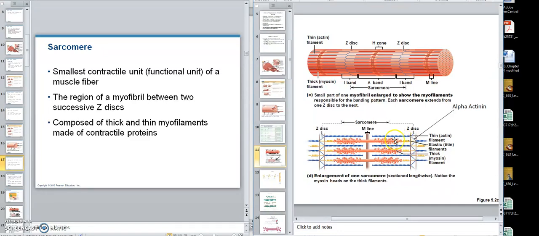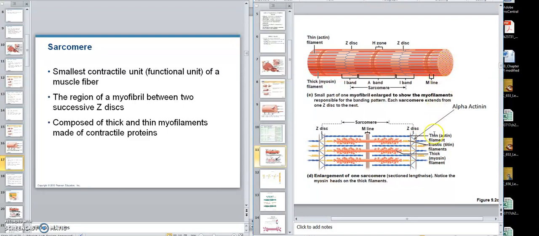So this myosin is actually surrounded by 6 of these. Just think about this being surrounded by 6 of these, because up here you can see that the deep red is surrounded by a lot of thin stuff.